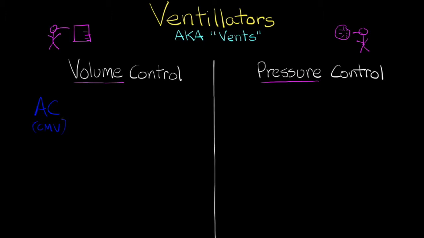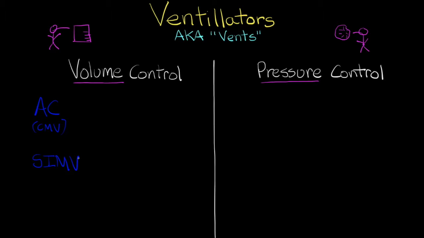The next mode of ventilation that we will often use is what we call SIMV, which stands for Synchronized Intermittent Minute Ventilation. We'll talk about what that really means in a minute. And the last mode of ventilation that you will see isn't truly a volume control mode, but it makes sense when we look at that hierarchy of ventilator support.